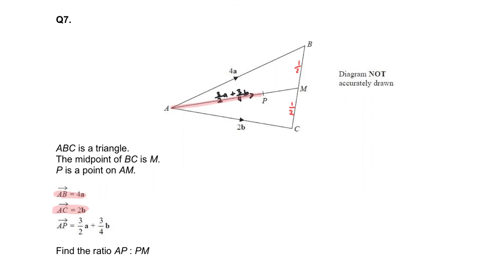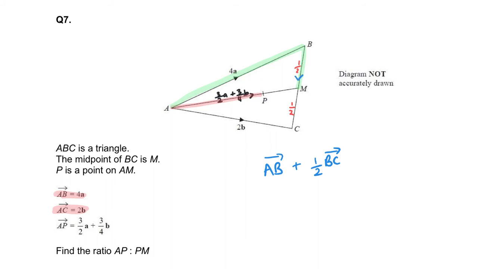Now, I can go a few different ways. I can do AB plus BM. So AB plus BM, which we know is a half of BC, okay, in this direction.